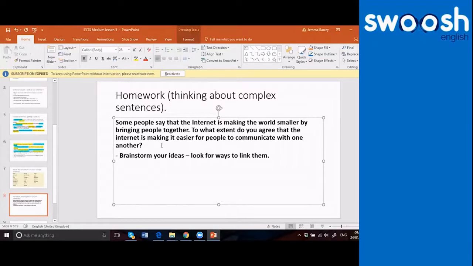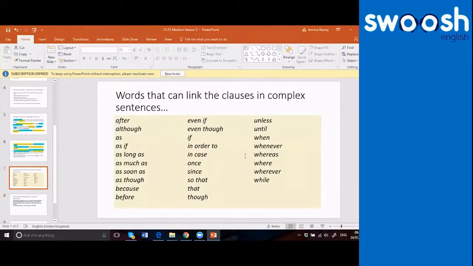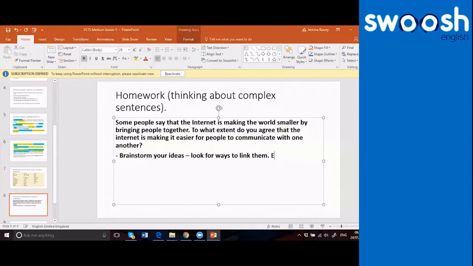So when you've got a list of all your ideas in answer to the question, that's when you can think about this and whether any of them can go together using any of these, okay? You want to expand on your ideas.